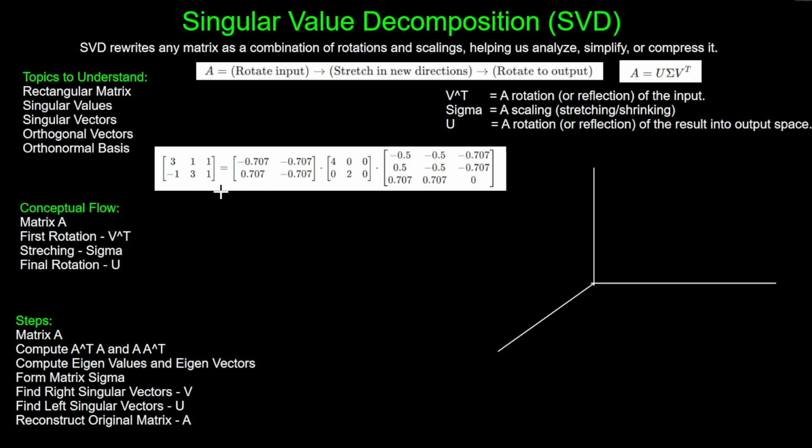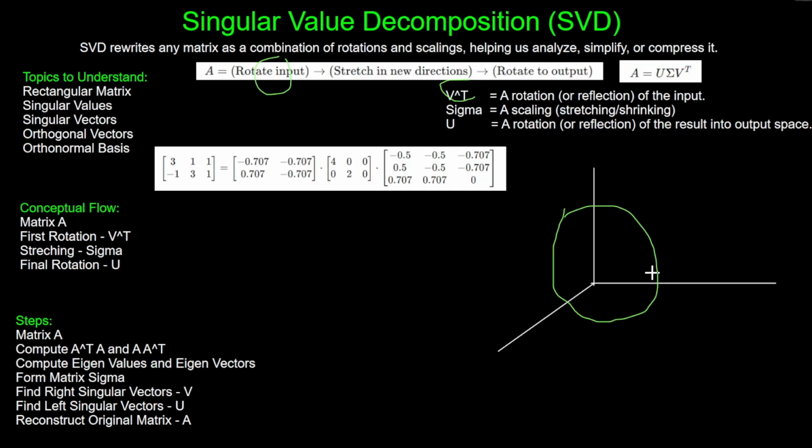As I said, this converts 3D into 2D. So let's take the shape of an ellipsoid. An ellipsoid is like the 3D form of an ellipse, like an egg. The first step is this one, rotate input, which is done by this component V transpose. How is it rotated?